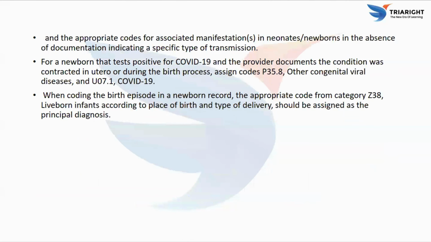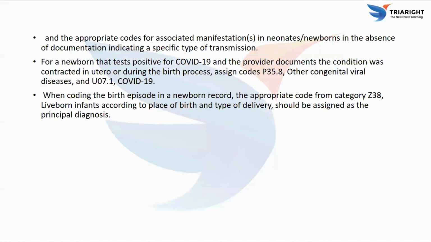And the next is about associated manifestations in the newborn. So if a newborn has symptoms or complications due to an infection, like breathing problems, fever, rash, etc., you should code those symptoms also unless the transmission route is documented. So this means you have to add codes for any effects caused by the disease, like COVID-19 infection in the newborn.